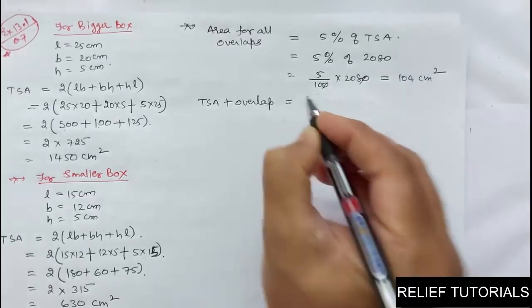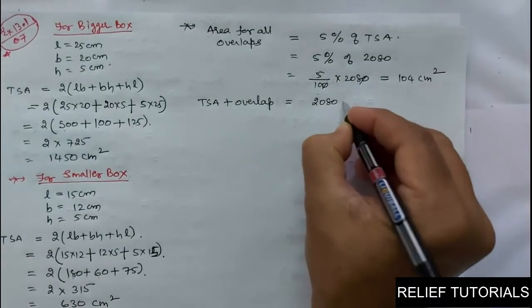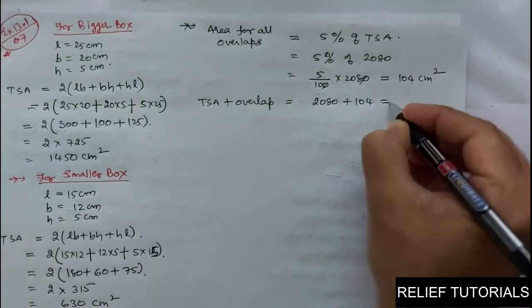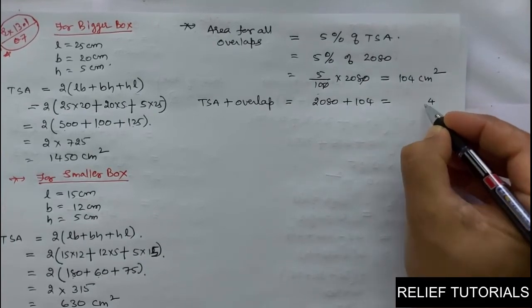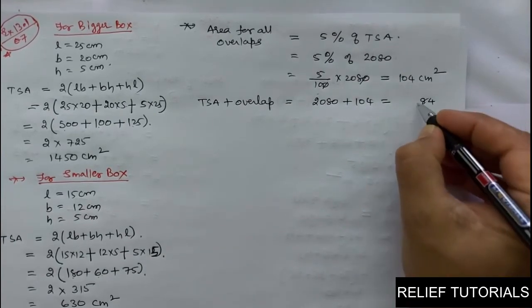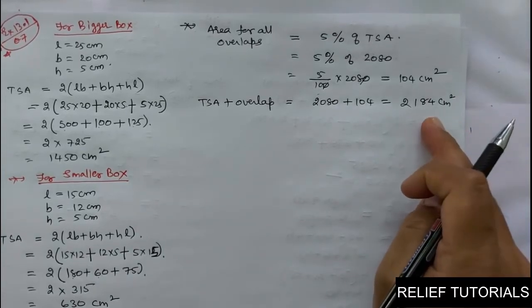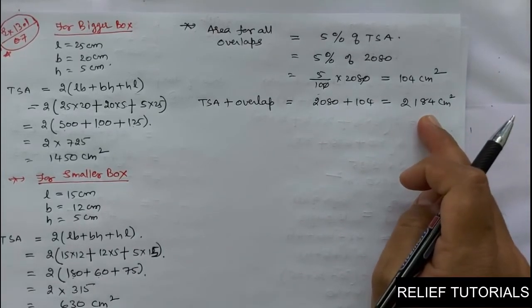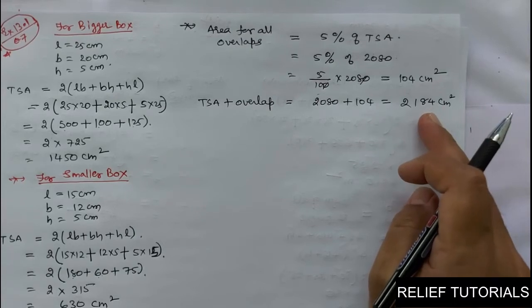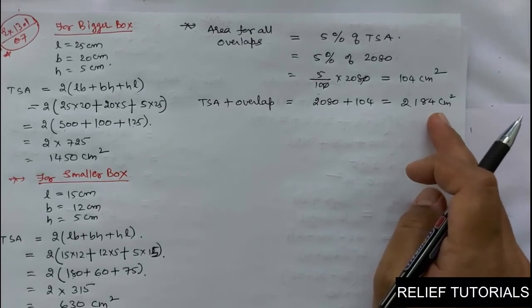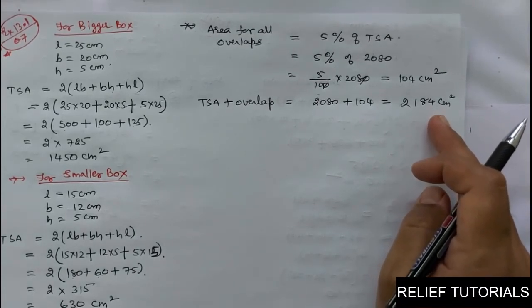So 2080 plus 104 is equal to 2184 centimeter square. So this much cardboard sheet is required to make 2 boxes.